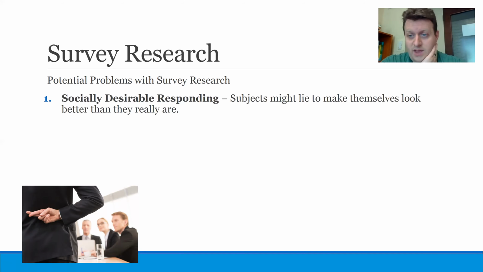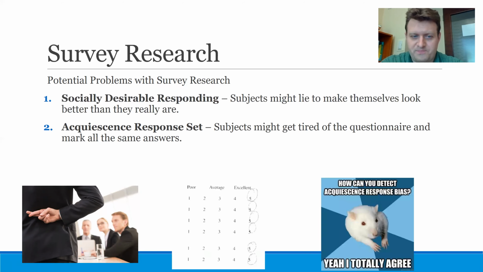Are you a nice human being? Yes, I'm the nicest of all human beings. Are you hardworking? Yes, I'm the most hardworking. So someone might lie to us, either about their personality, their cognitive ability, whatever it is that we're doing a survey on. They might lie to try to make themselves look better. So that is problematic, and we have to figure out a way to try to control for this.